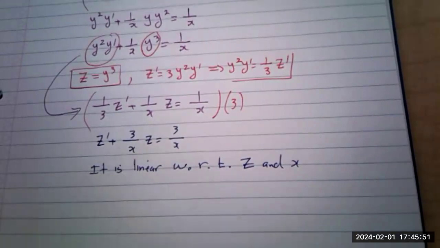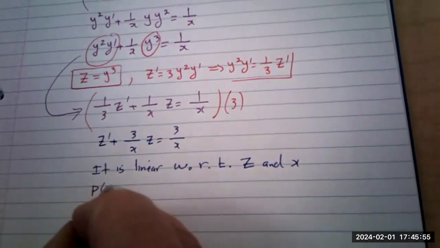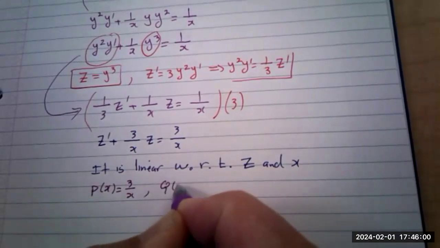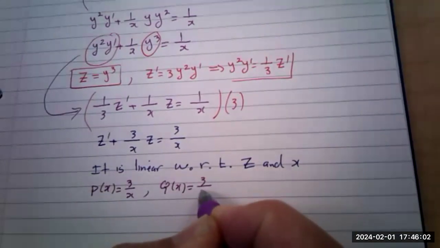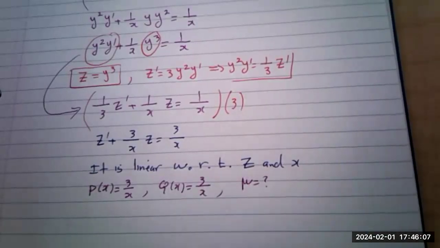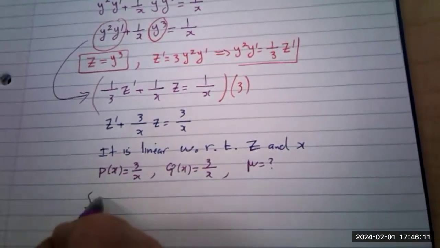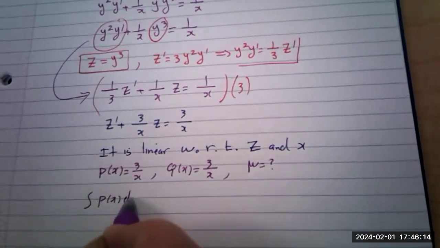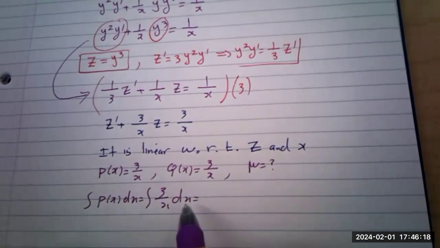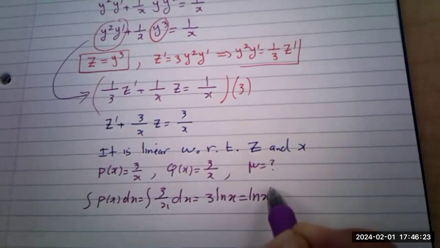Now we have to work on this one. So for this linear equation, p of x is equal to 3 over x, and the q of x is also 3 over x. So you have to find the integrating factor, mu. So we need the integral of p of x dx. The integral of 3 over x dx is 3 ln x, or ln of x cubed.